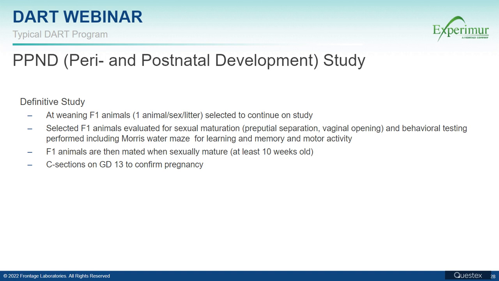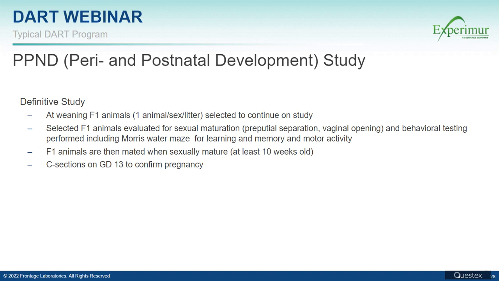We usually have one animal per sex per litter that's selected to continue on study. They are then looked at for sexual maturation to see if there's any effects on the animal's ability to reach sexual maturity, looking at preputial separation and the vaginal opening. We also do behavioral testing, such as Morris water maze for learning and memory, and motor activity.